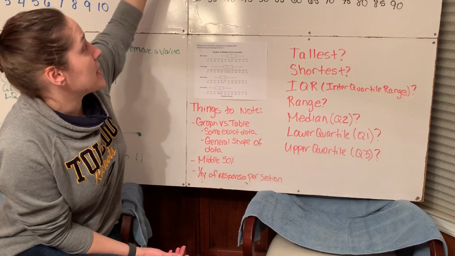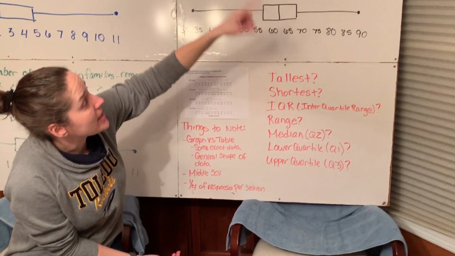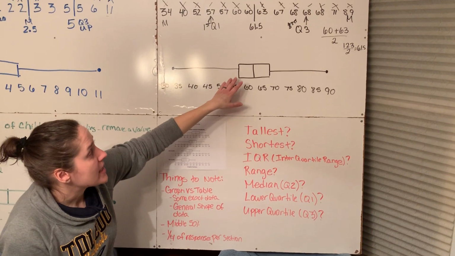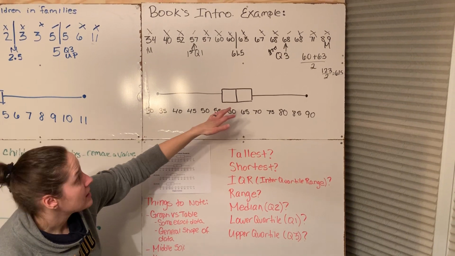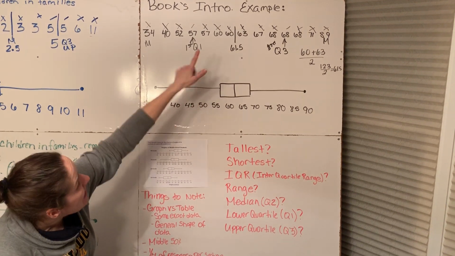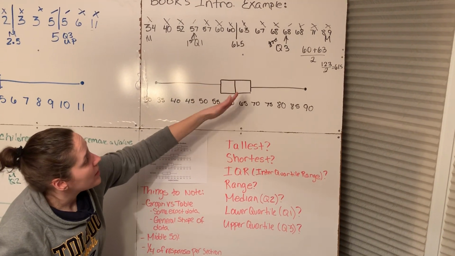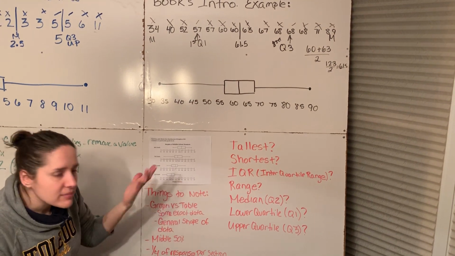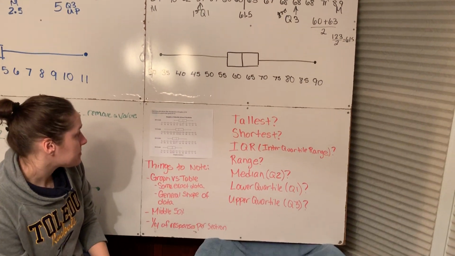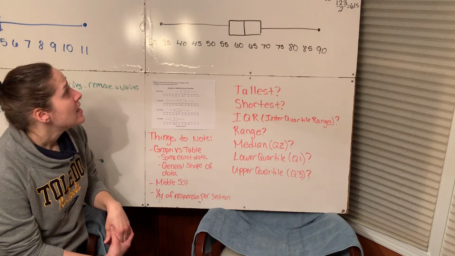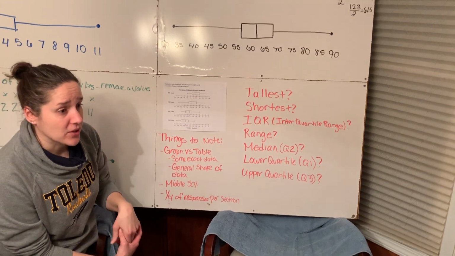We can see some exact numbers. We can see the minimum, the maximum, the quartiles and the median. Sometimes that's not the exact number, but we kind of know some of the exact numbers. But here's what's really cool about box and whiskers.